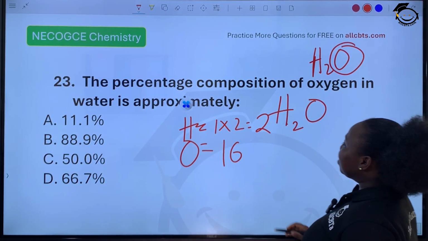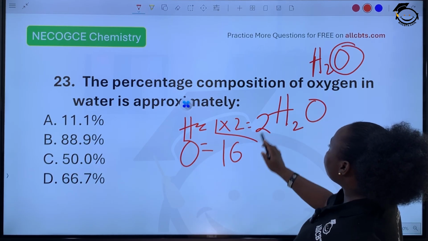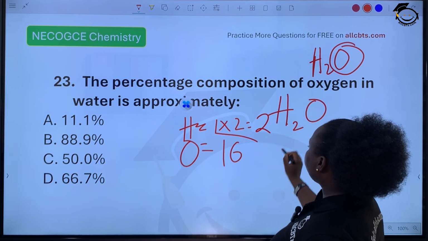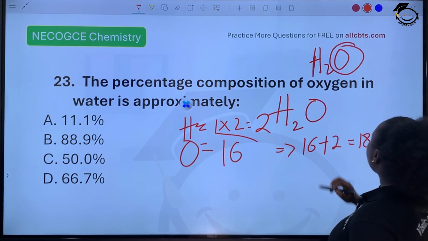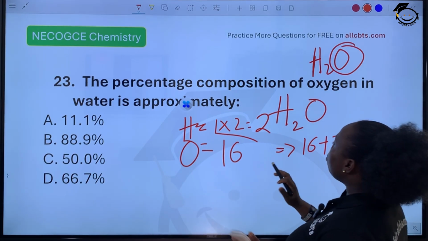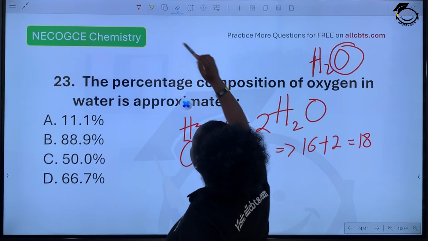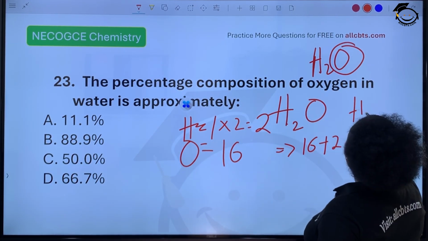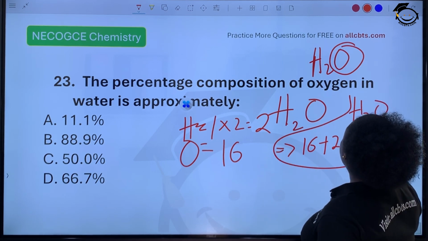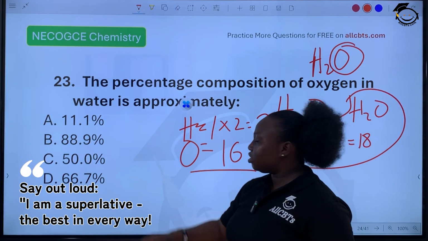Let's first find the H2O. Then we say 16 plus 2, that's 18. So we know that the whole of water has 18. Now I want to see only oxygen.